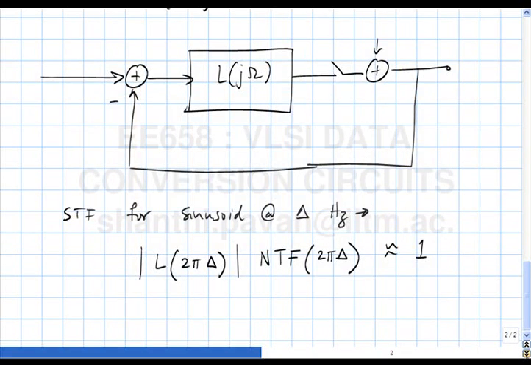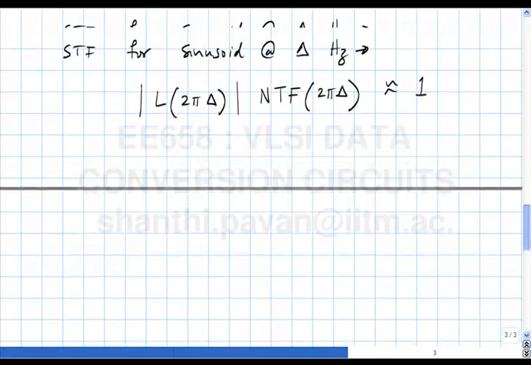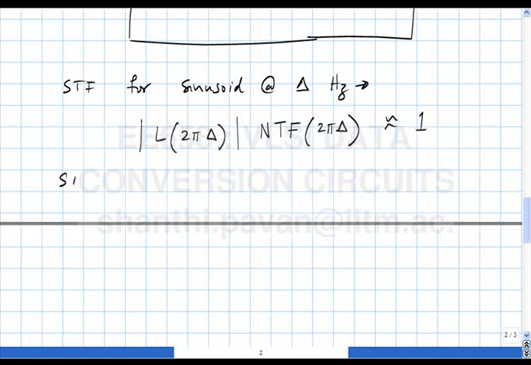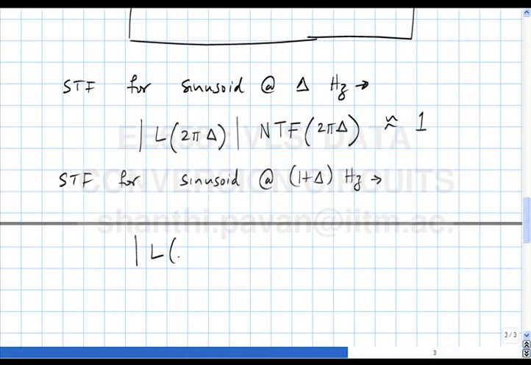okay. On the other hand, the STF for a sinusoid at 1 plus delta hertz is mod of L of 2 pi times 1 plus delta times NTF of 2 pi delta, alright.